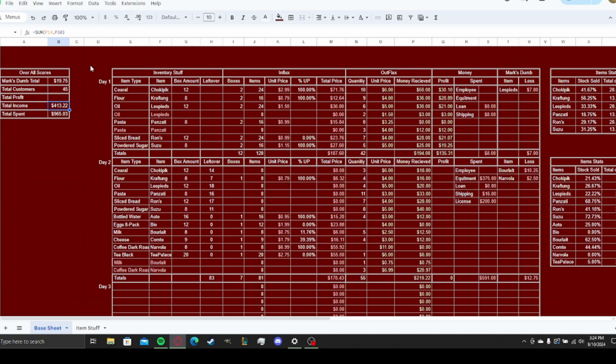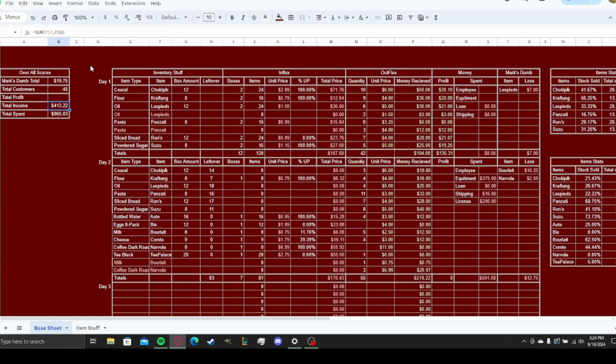Technically, I could do total income versus profit by just subtracting everything I spent from everything I received, but that doesn't take into account that not everything is sold. Oh, math. So if I did a total current profit that way, it would never truly be right because you always have leftover stock.